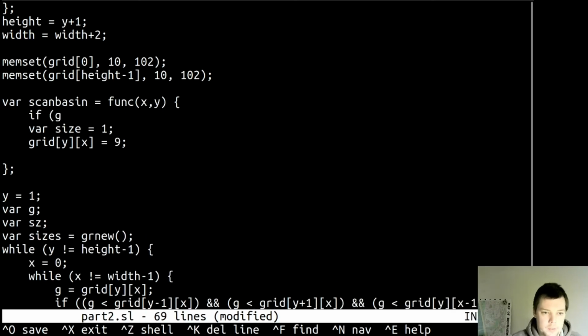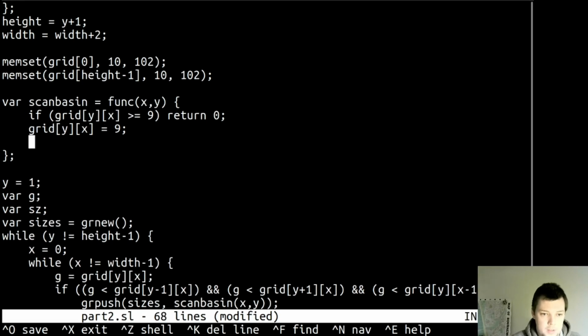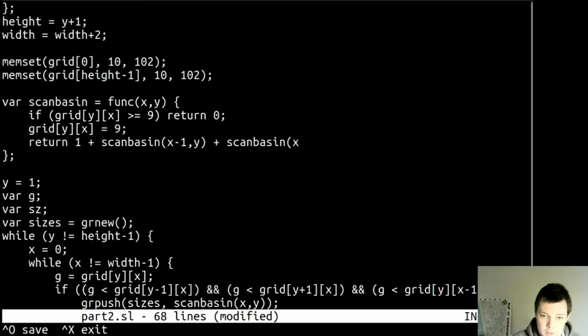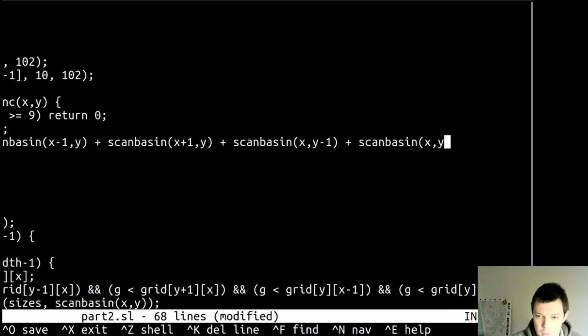Actually, if grid yx is greater than or equal to 9, then there's no basin here, basin of size 0. So then we'll say size, well, we just want to mark this point as a 9 so that we never scan it again, and then the answer is 1 plus scan basin x minus 1y plus scan basin x plus 1y plus scan basin x y minus 1 plus scan basin x y plus 1.